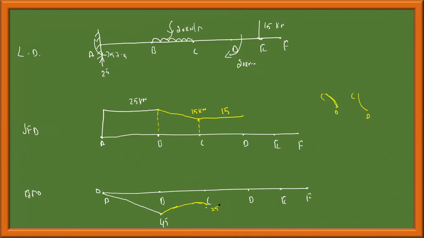Minus 35 is this point, point D at 1.5 distance. Indicate 27.5 here. This is linear, a straight line like this up to this point. Okay, next.